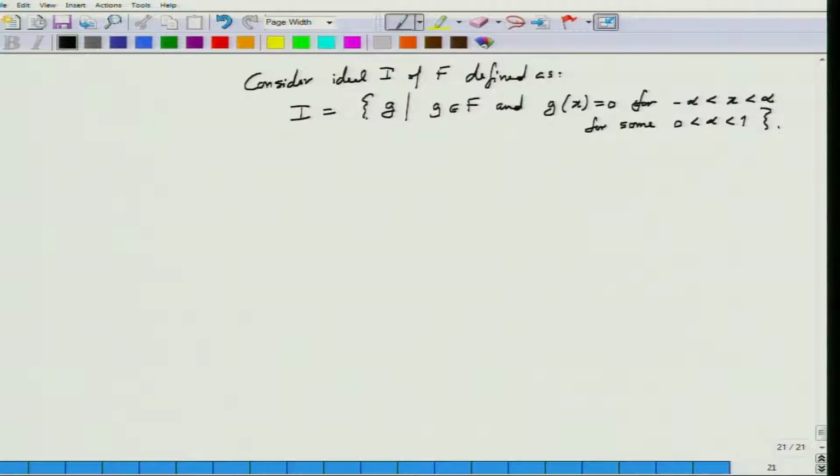so I contains all the maps which are continuous on the interval -1 to 1, and G of X is 0 on a certain interval around the number 0, around the origin.